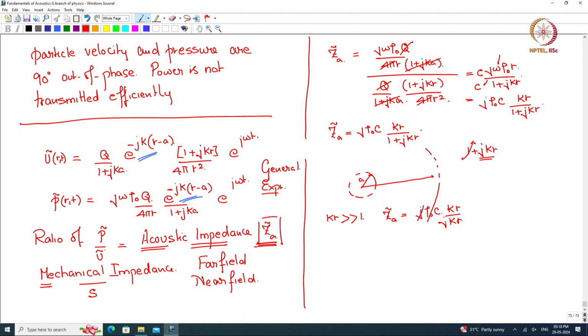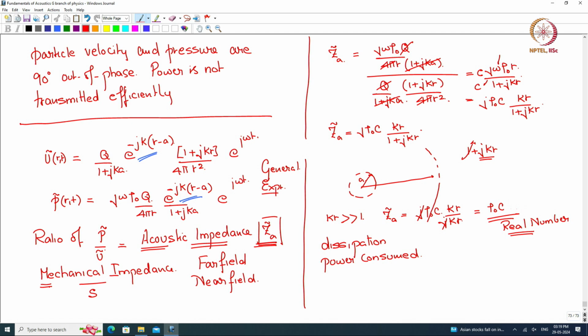So, this j cancels and I get rho 0 c, it is a real number. And what did we say, when it is a real number, there is dissipation or power consumed.